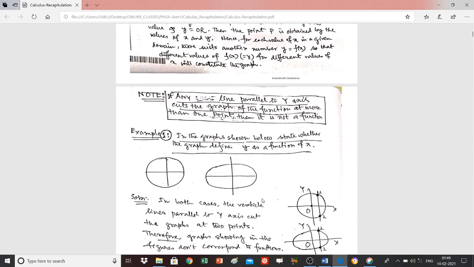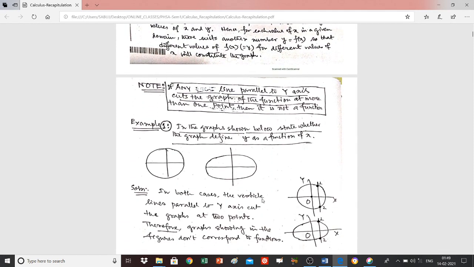Now you should note that if any line parallel to the y-axis cuts the graph at more than one point, then it should not be a function.